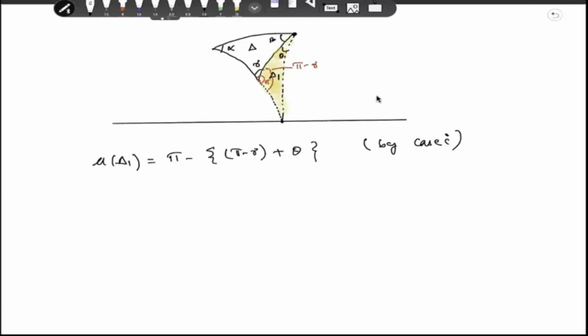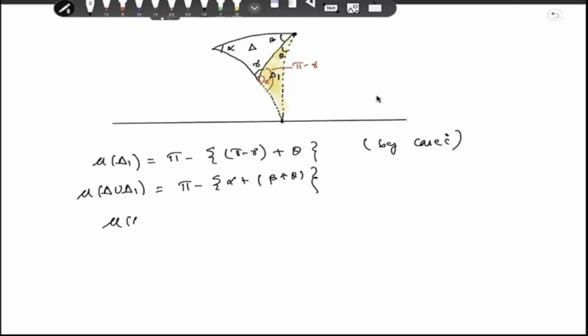So also note that delta union delta 1, again it is a triangle discussed in case 1. So mu of delta union delta 1 is equal to pi minus the sum of the vertex angles. So the vertex angles are your alpha and beta plus theta. So pi minus alpha plus beta plus theta.